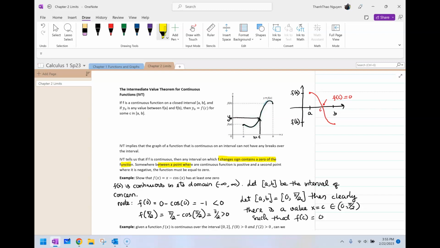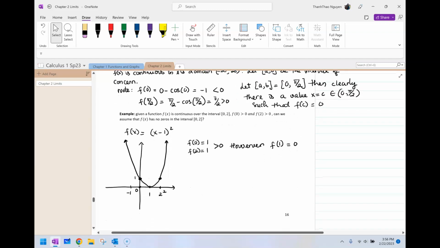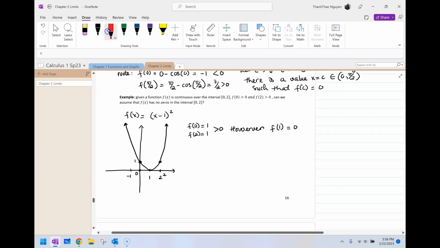Somewhere between the point where a continuous function is positive and the second point where it is negative, the function must equal 0. It's saying there exists a point when there is a change of sign. It doesn't say that if the sign doesn't change, then you can't have a 0. So make sure that you understand and distinguish that clearly. So no, that is not the case.